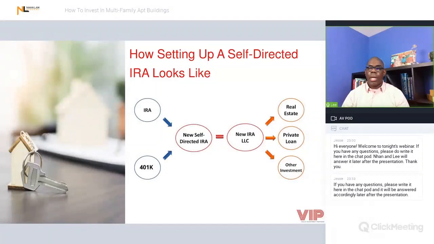Once you have set up that self-directed IRA, right, you can then go, as I mentioned before, and there are a number of different assets that you can make an investment in, and that could be real estate. You can do private loans and hard money lending, or as I mentioned before, you can also invest in other assets. And if you are used to or wanting to ride on a roller coaster, Bitcoin is out there for you just the same.